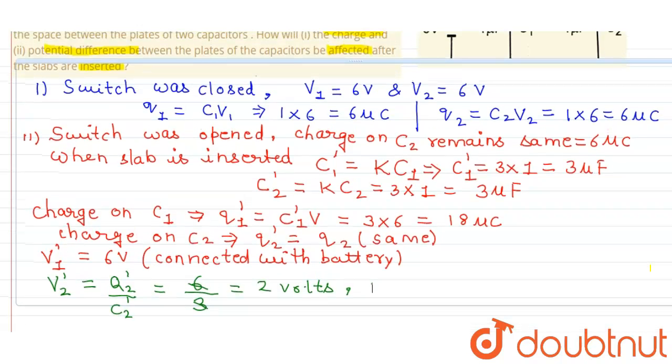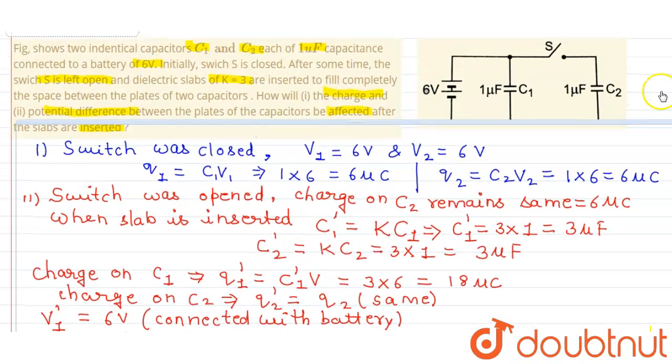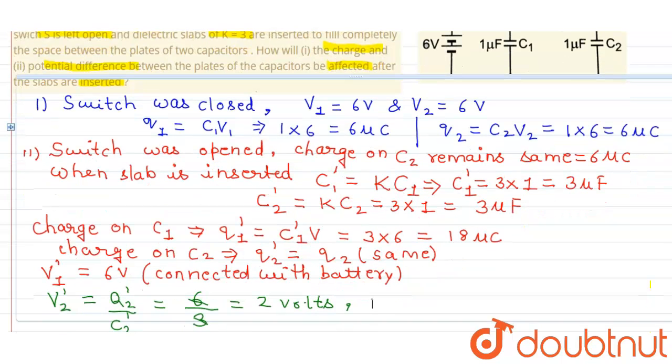That was the initial condition, Q1 and Q2 were 6. So when C2 is disconnected from the battery, the charge remains the same but the potential difference changes. For C1, the potential difference remains the same but the charge changes. The new charge we have calculated is 18 microcoulomb. So this is our final answer.